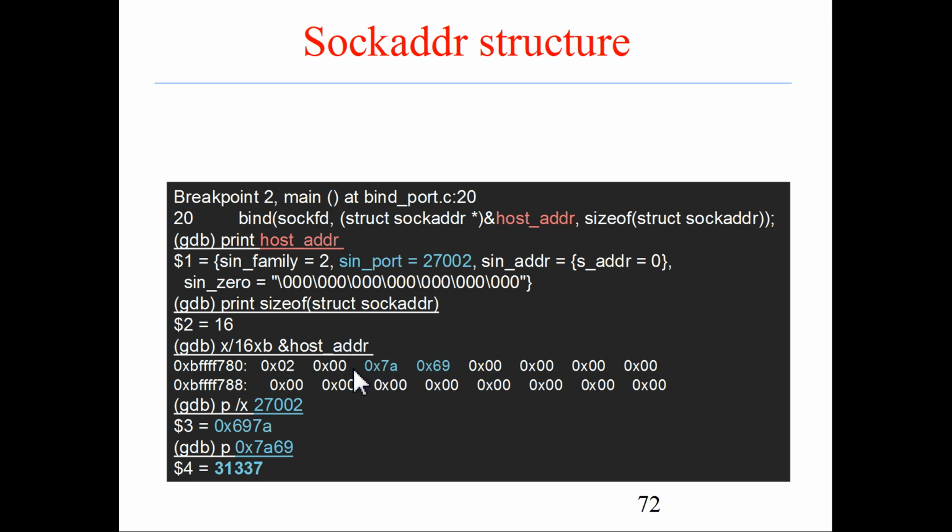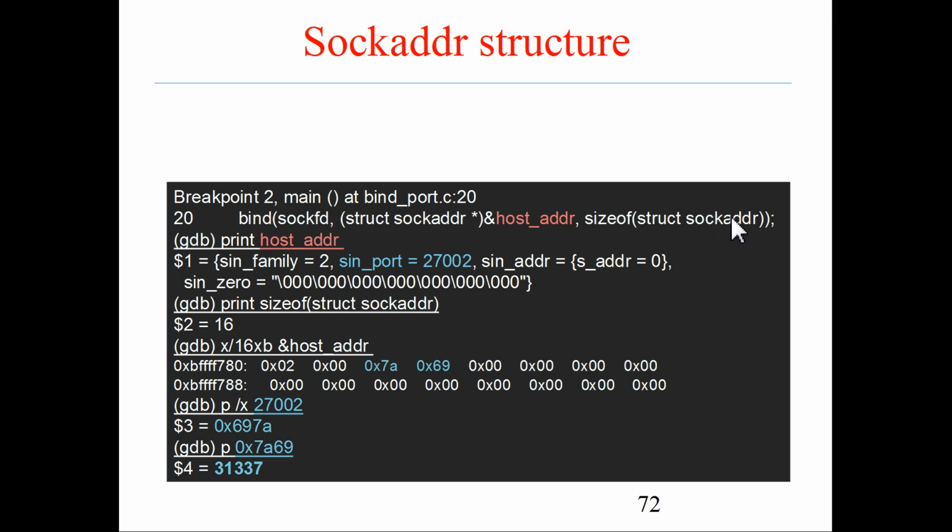For just 2 bytes, this is actually a short. That's how we determine that this is a short if you can't read that from the source code for the socket family calls. Similarly, this is also a short, and the 4 bytes here, 32 bits, are for the IP address or the socket address, and then the rest is all zeroed out.